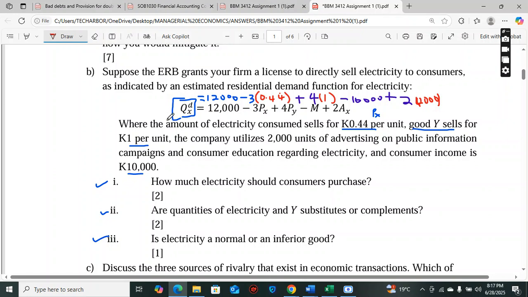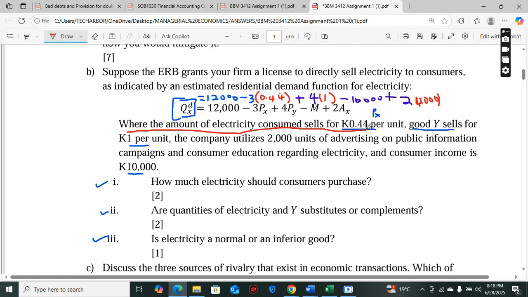Once you know what good the demand function is, they will tell you in the question what the price of that good is. Since electricity is good X, and they told us the amount of electricity consumed sells for 0.44, then you know that's PX.